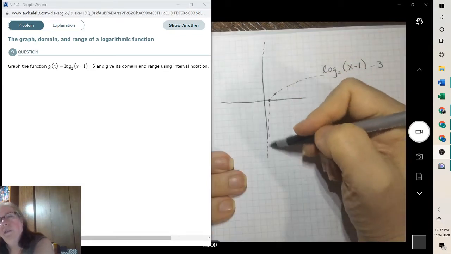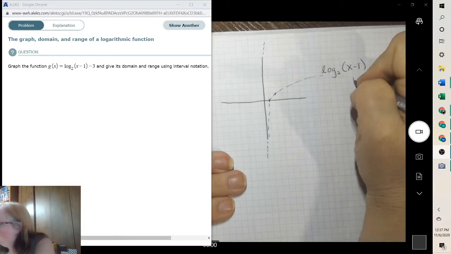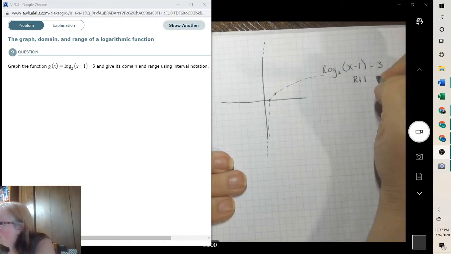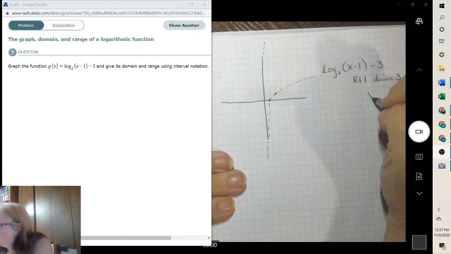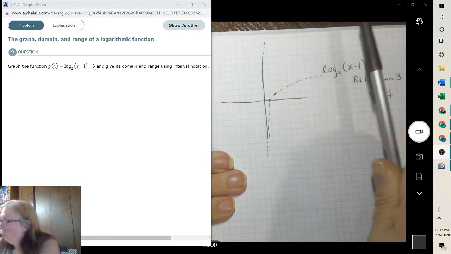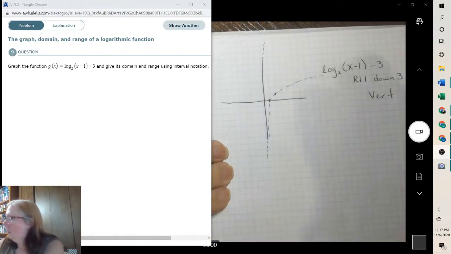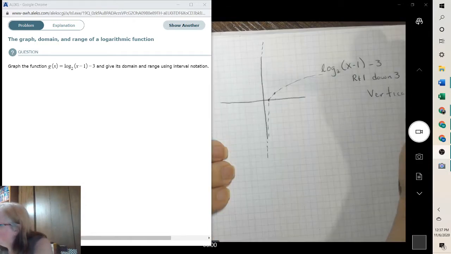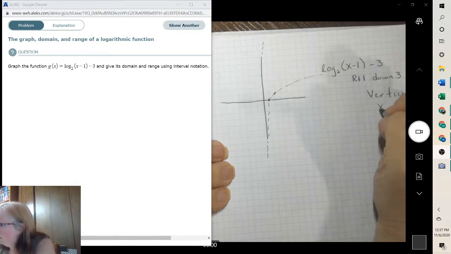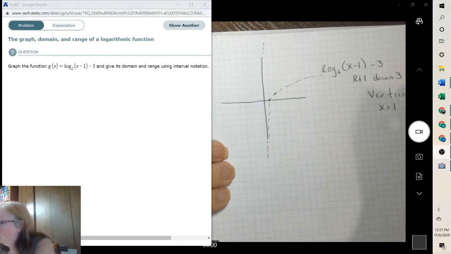And this is an asymptote. Now this is going to move right 1 and down 3. Vertical asymptote moves when you go this way. And we're moving right 1. So the vertical asymptote is at x equals 1.